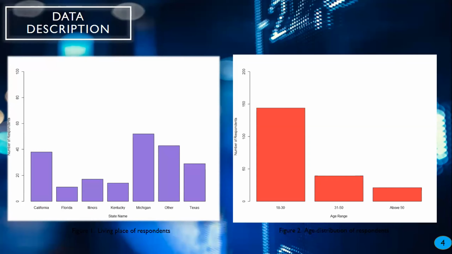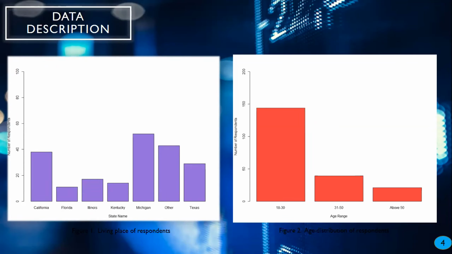As you can see, most of my respondents are in Michigan, and then California, Texas, and other states. In Figure 2, we can see the age distribution. I divided age into 3 categories: between 18 and 30, then 31 to 50, and then above 50.